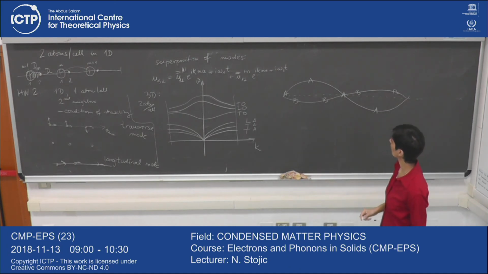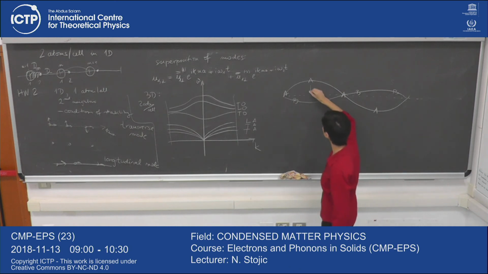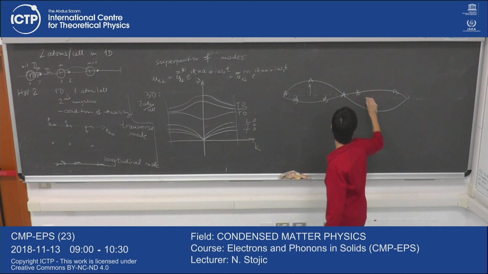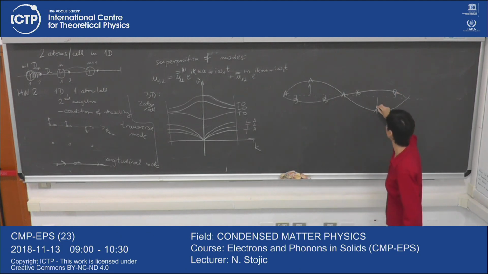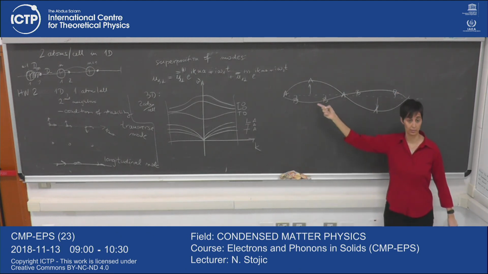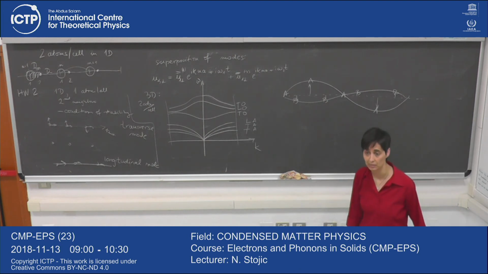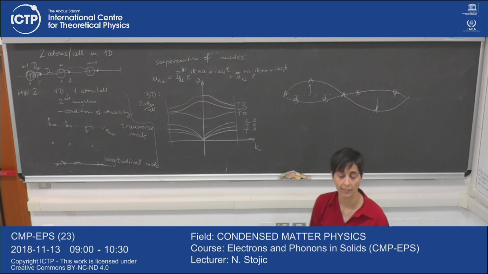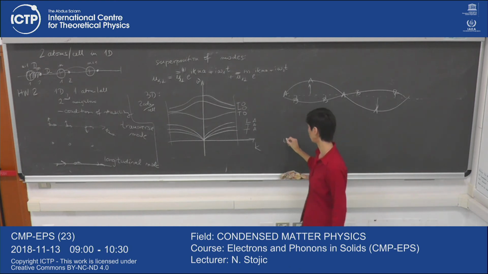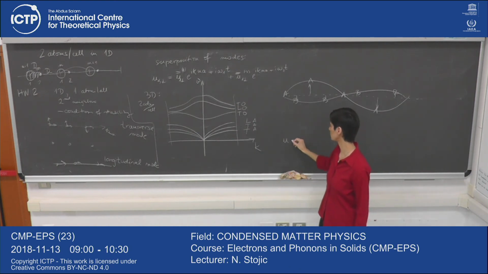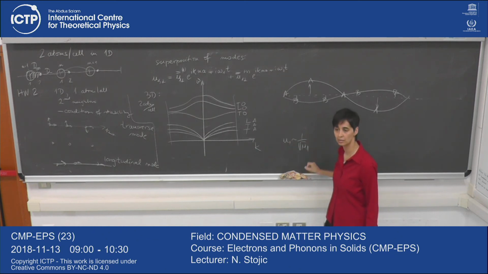I'm showing transverse displacements, but as you can notice, I'm not plotting the same displacement for A and B atoms because they don't have to have the same mass. I gave you the answer that a displacement is inversely proportional to the mass of the atom.